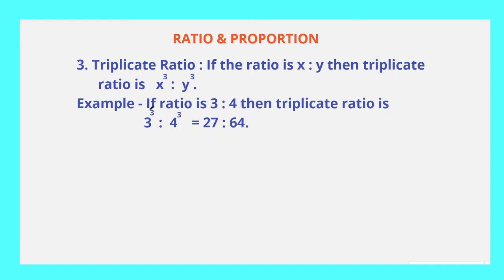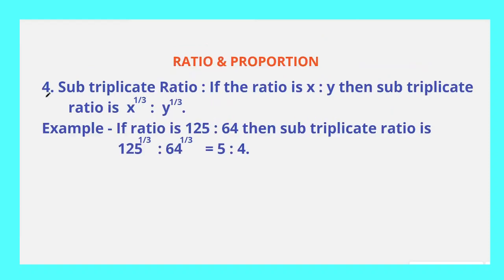For example, if ratio is 3 ratio 4, then triplicate ratio of 3 ratio 4 is 3 to the power 3 ratio 4 to the power 3, and 3 to the power 3 is 27 and 4 to the power 3 is 64. Then the ratio is 27:64. Thus, triplicate ratio of 3:4 is 27:64.